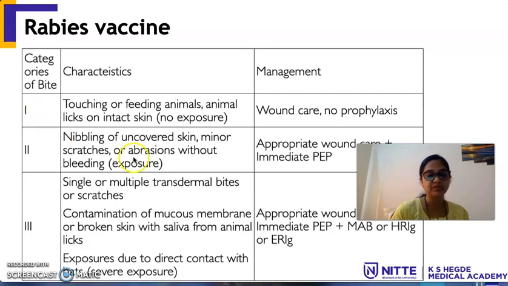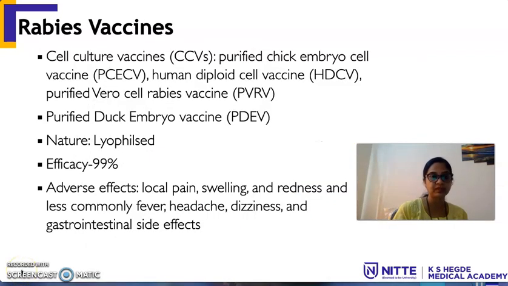Even category 2, where there is a small nibbling of uncovered skin or minor scratches, would also require post-exposure prophylaxis. Different types of rabies vaccines are available: cell culture and duck embryo vaccine.